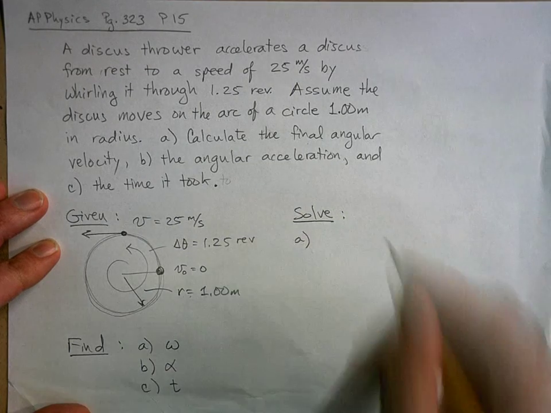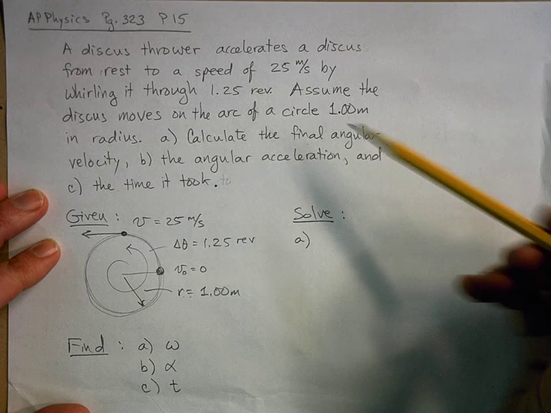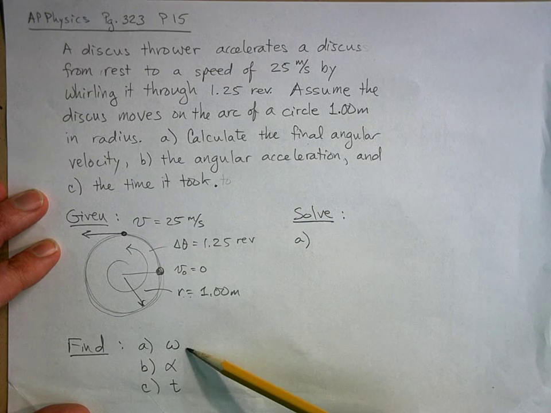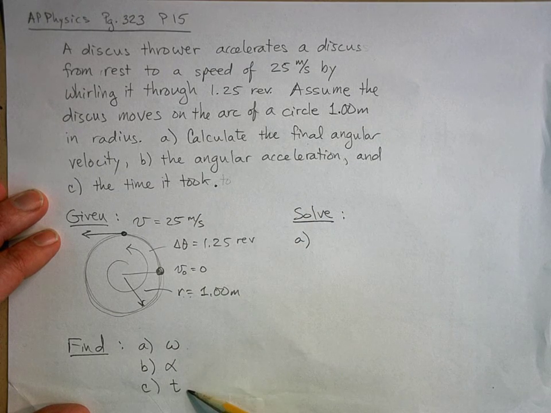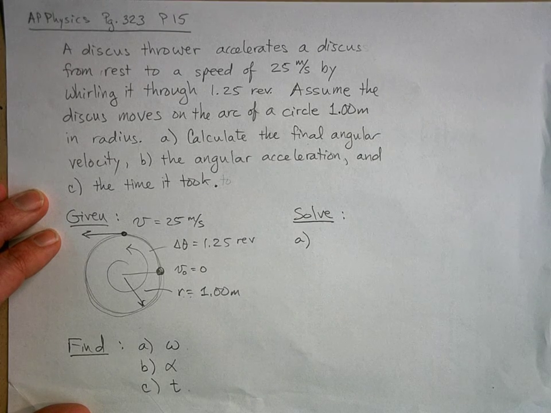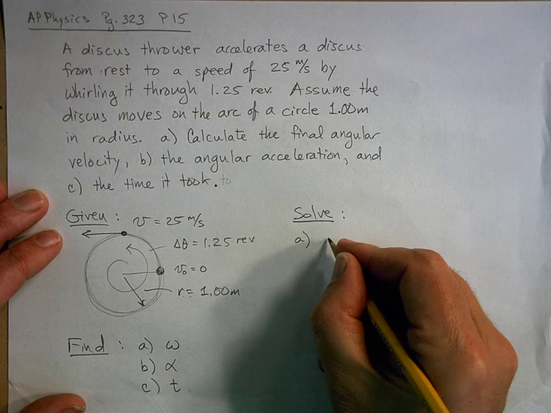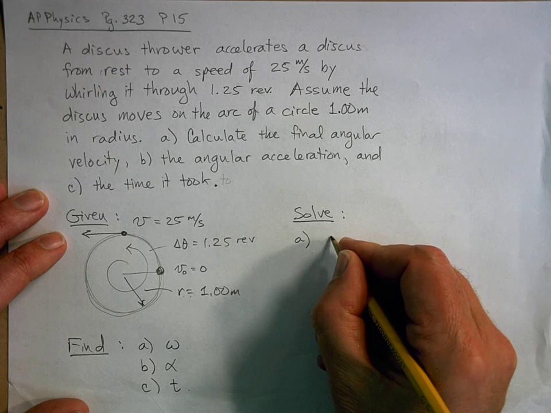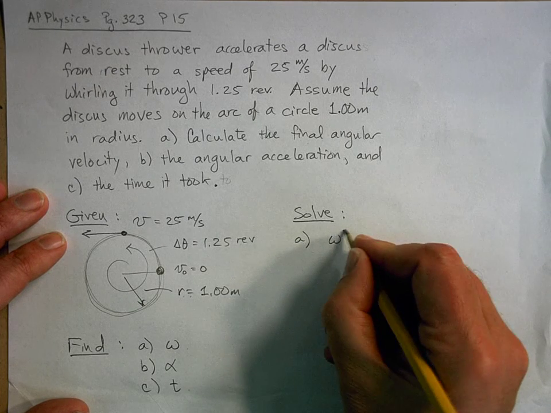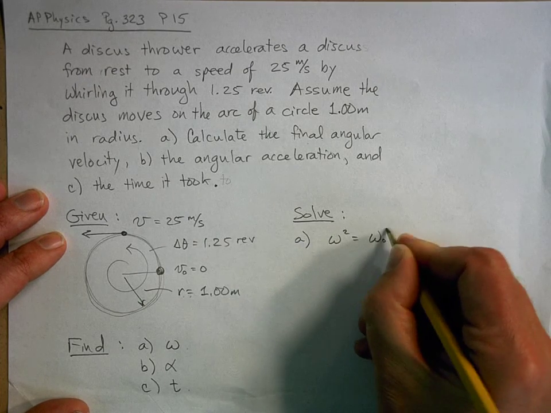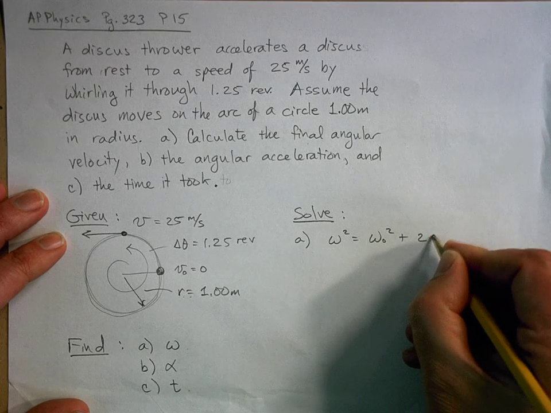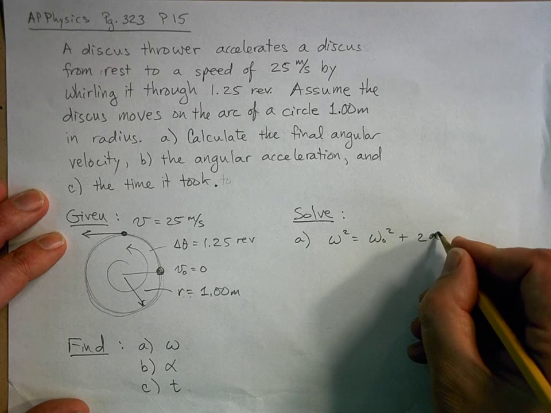For part A, I want to know the final angular velocity. Now, I don't know time yet, so I'll probably use omega squared equals omega naught squared plus 2 alpha.